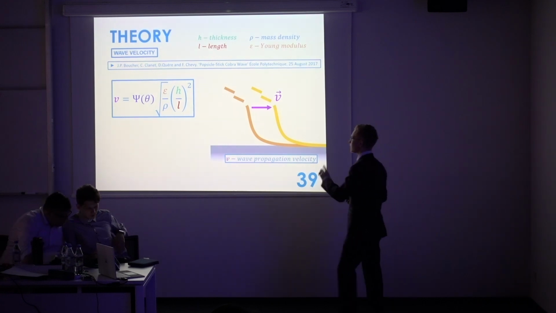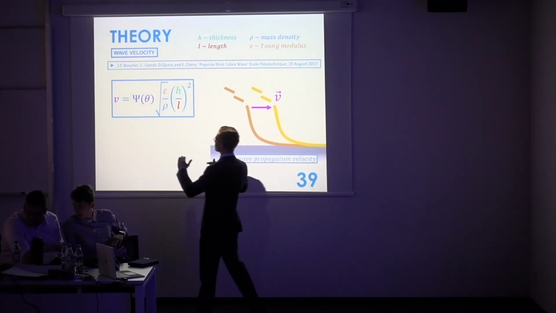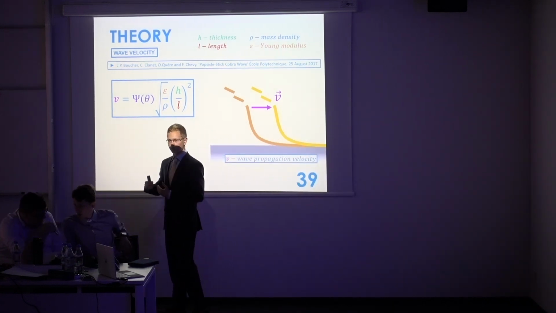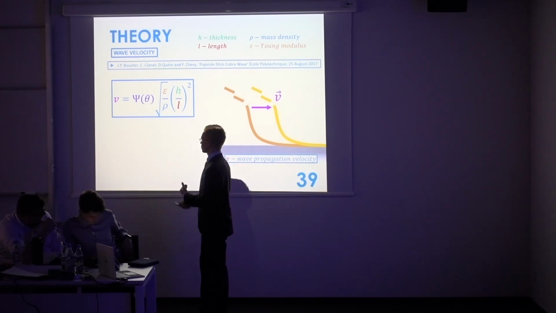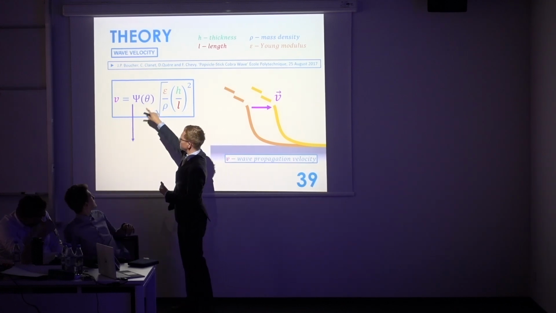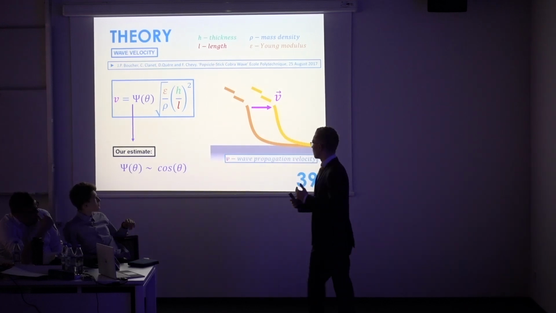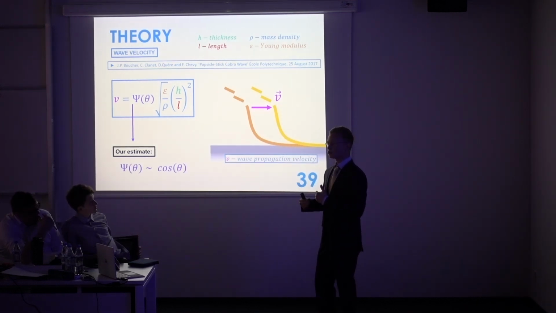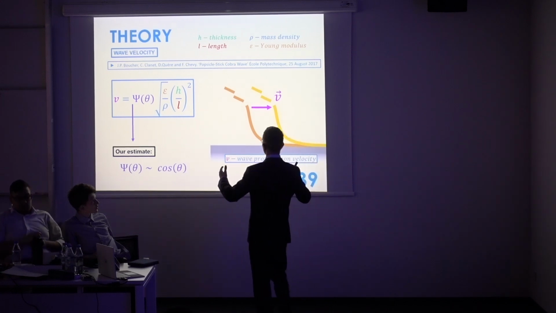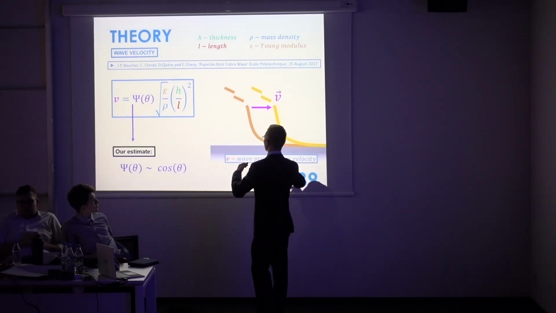This formula gives us the idea of how the velocity scales with different parameters. We need to note that this function is a dimensionless factor that depends on the geometry of the whole cobra.